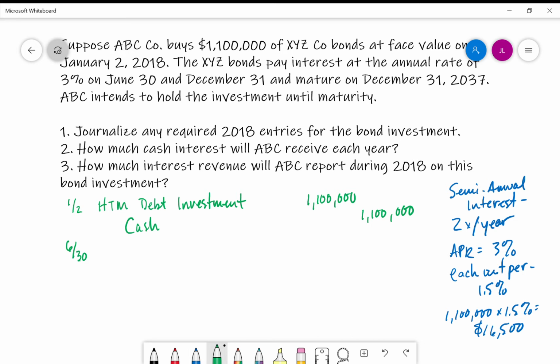So on 6/30, if we're receiving interest, we'll get cash for the $16,500 that we calculated here, and this is interest revenue for $16,500. Now, the other entry we have is another payment on December 31st.